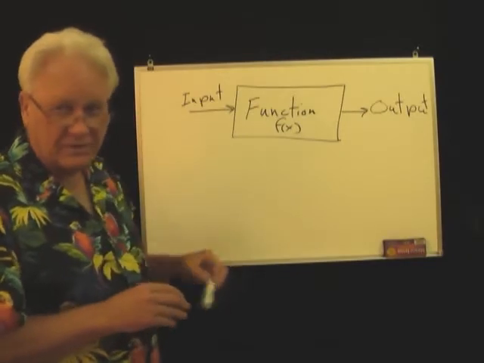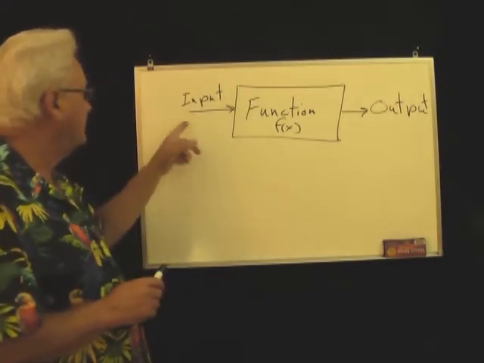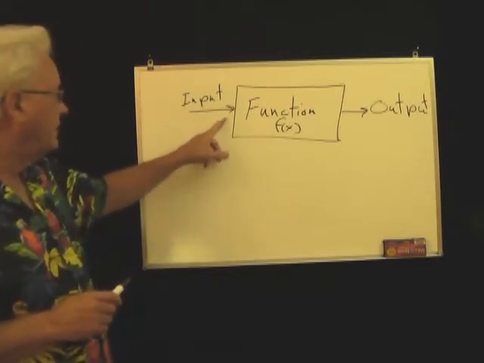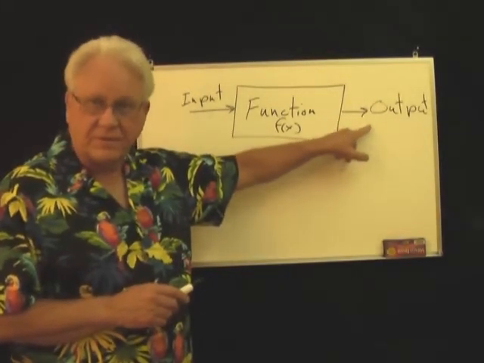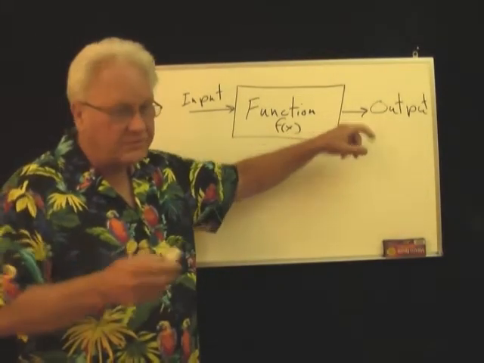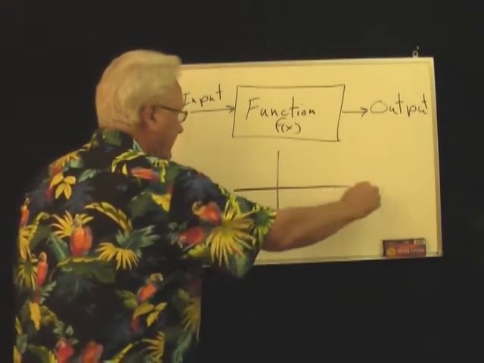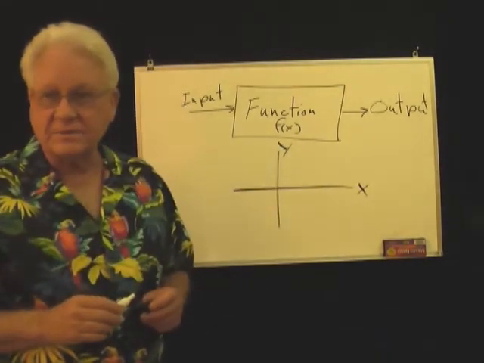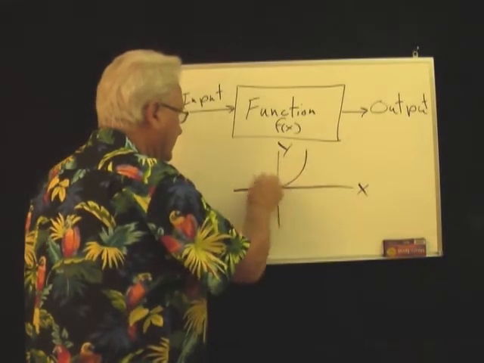Normally you have a function and you have an input to that function, some number, some x value say, and you work the function on it and you get a result. That's called the output. Now this could be a function like, let me just draw a graph here. If this is the x-axis and this is the y-axis, maybe we have a function that looks something like this.